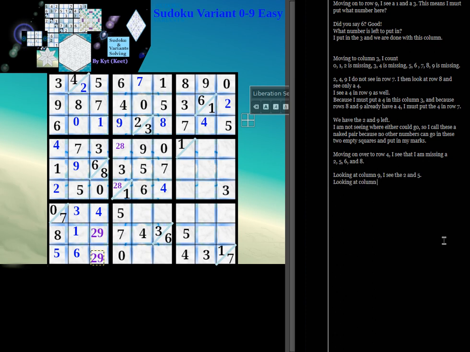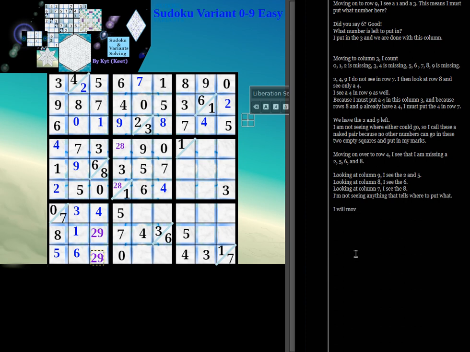Looking at column 8, I see the 6. Looking at column 7, I see the 8. I am not seeing anything that tells me where to put what.